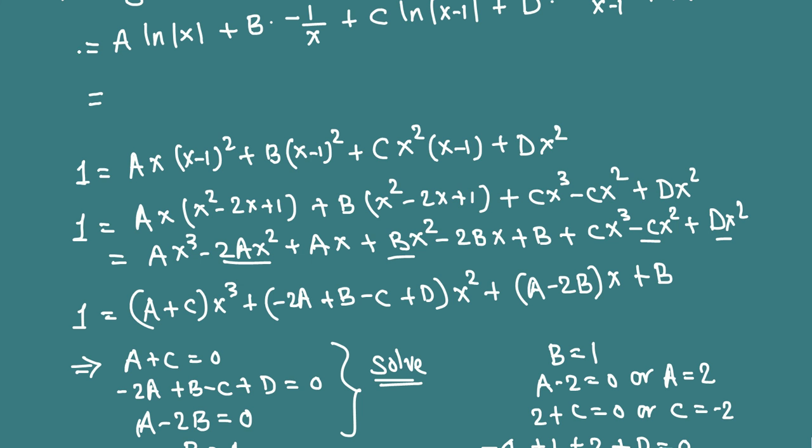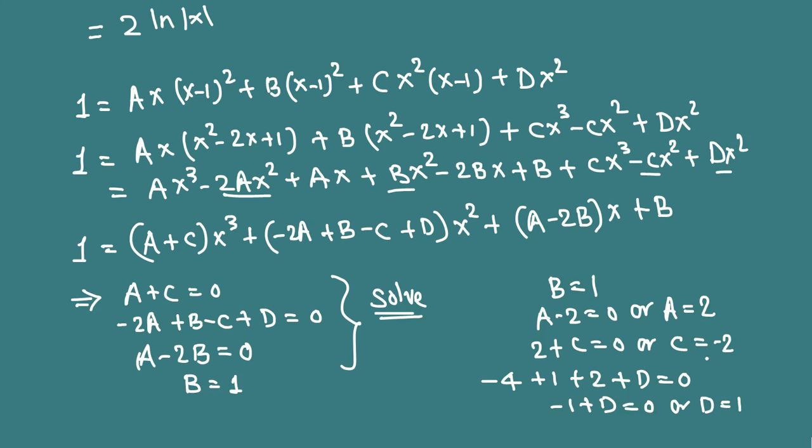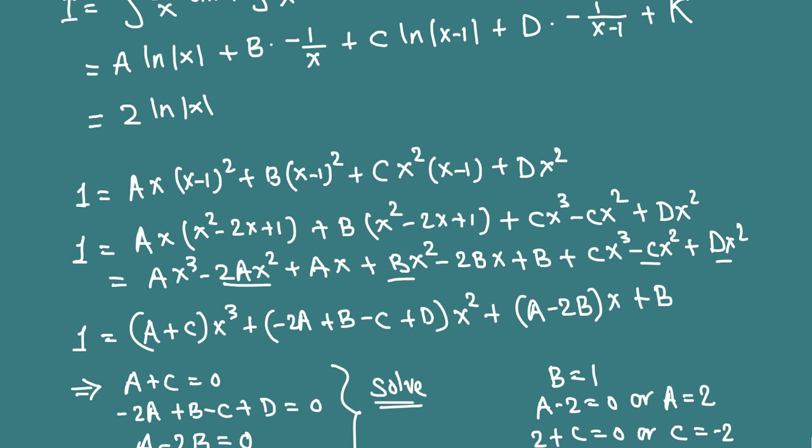So we have a natural log of x, a is found to be 2, so 2 natural log of absolute x, minus, what is b by the way? b is 1, so minus 1 over x, plus c is negative 2, so negative 2 natural log of absolute x minus 1.